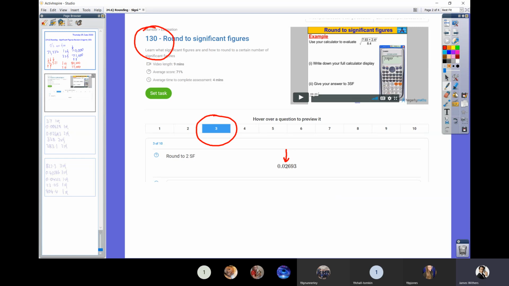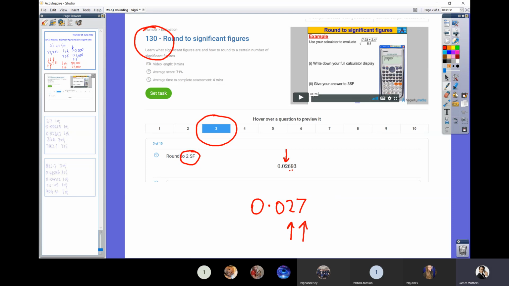I'm going to have one more. Now, do I stick with that 6 or do I round it up? I round it up because that 9 is 5 or above. So to 2 significant figures, this would be 0.027. So we've got 2 numbers that are not zeros because it's 2 significant figures.